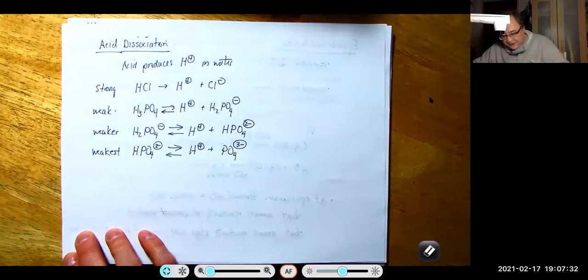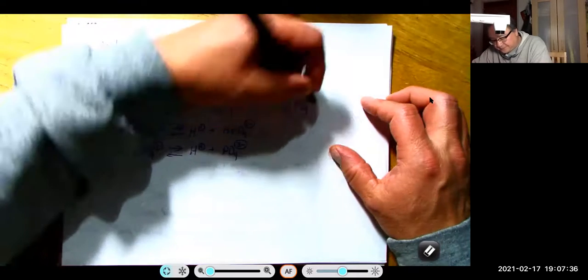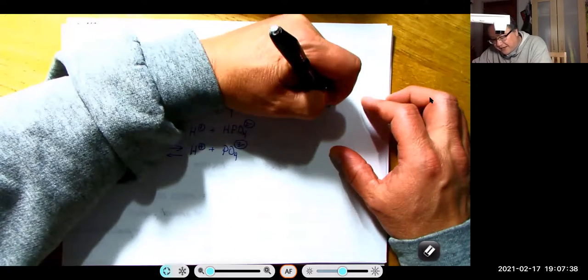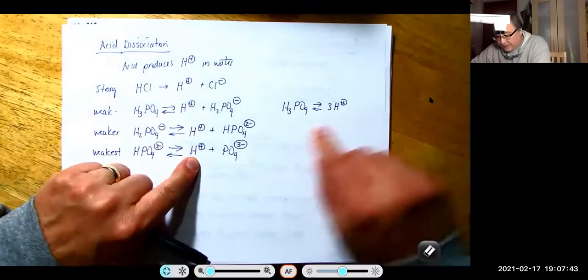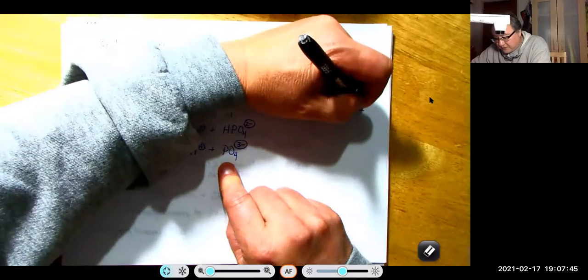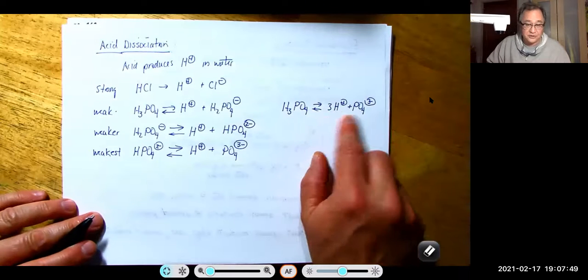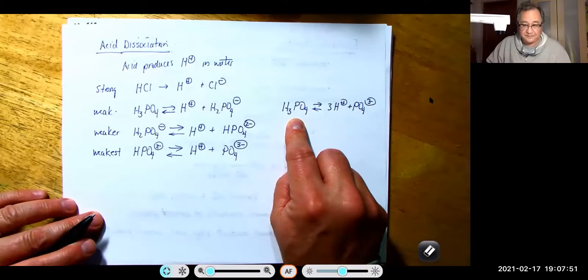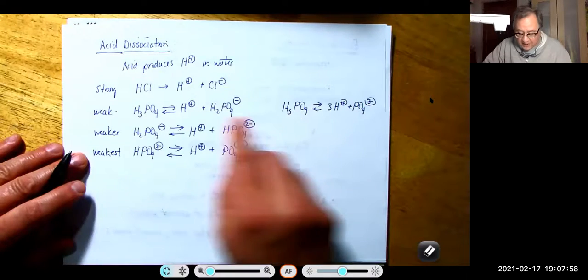So a really interesting thing, though, is that when you look at this H3PO4, it can actually make 3 protons, 1, 2, 3, and give you a PO4. Can you see how this adds up to 0 charge? So the point I'm trying to make here is that look at this strong acid.